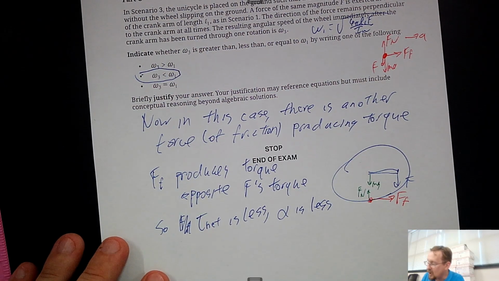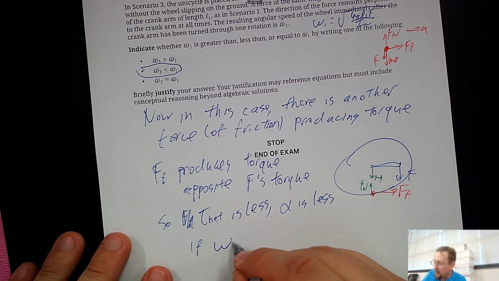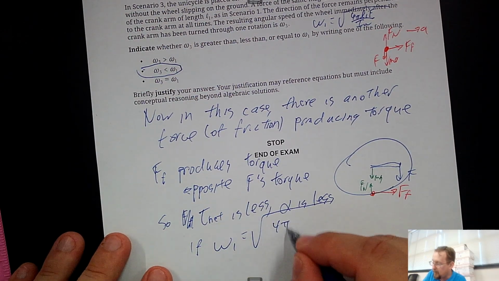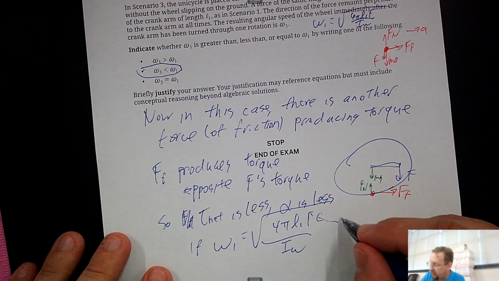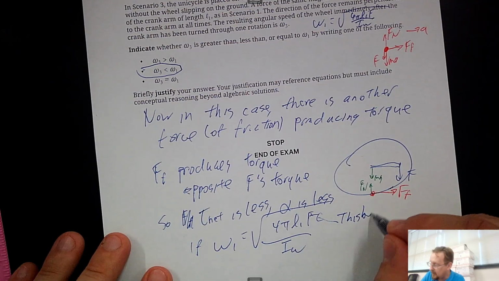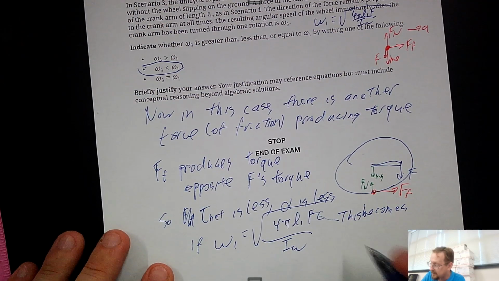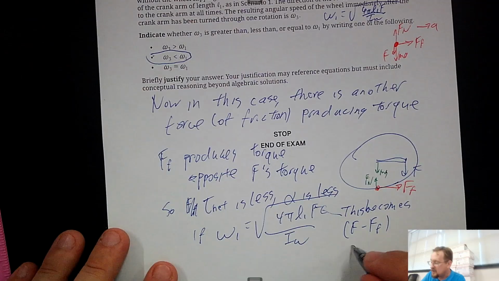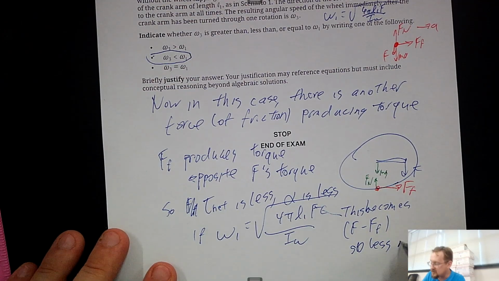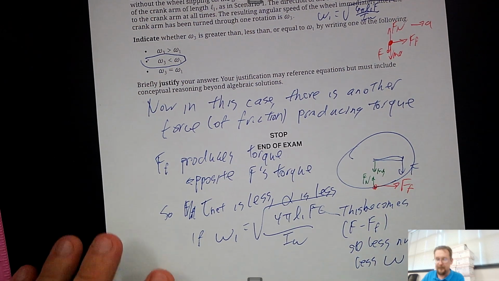Okay. And so if omega 1 equals the square root of 4 pi L1 F over I, this actually becomes F minus F friction, if they're both at the same distance, right? So less numerator, less omega.